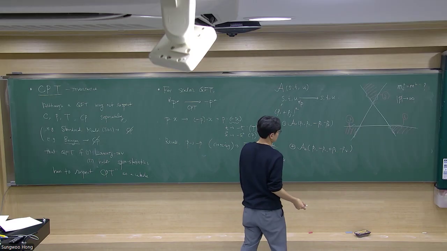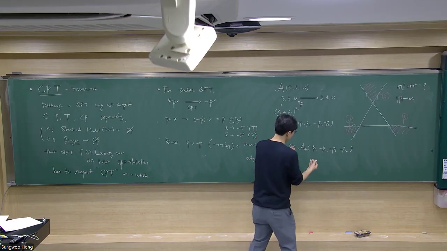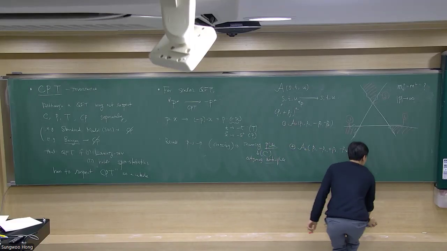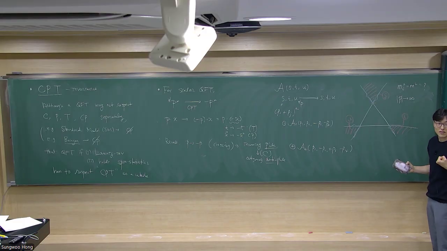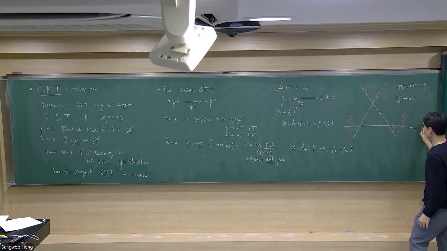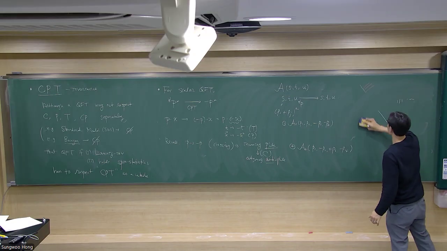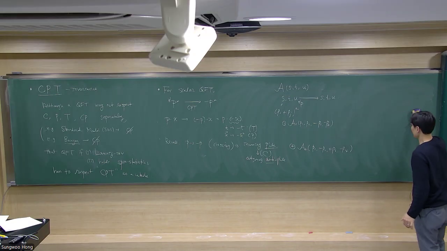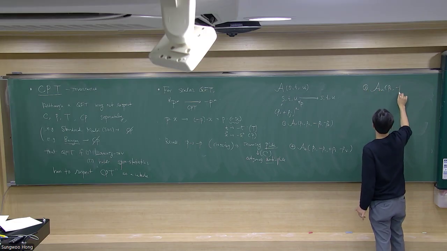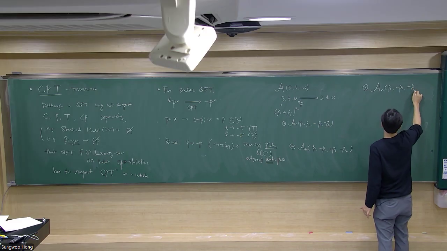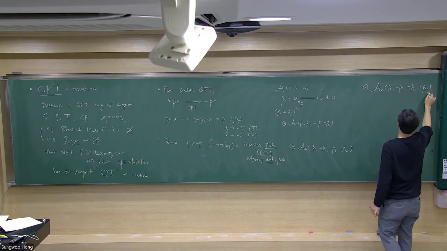I don't have space, so hopefully this is in your heart. I can erase this away. And then the U channel: P1, minus P2, minus P3, and then plus P4.